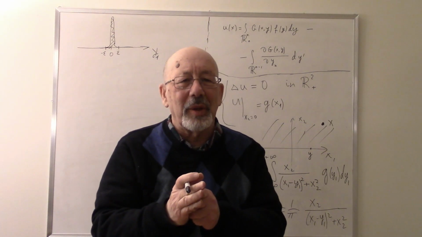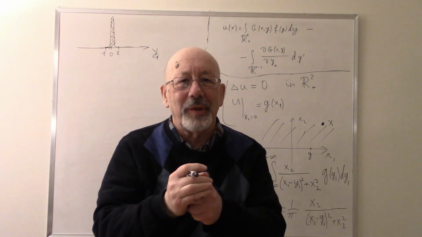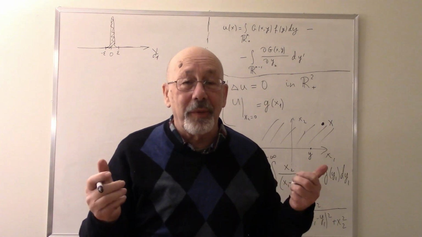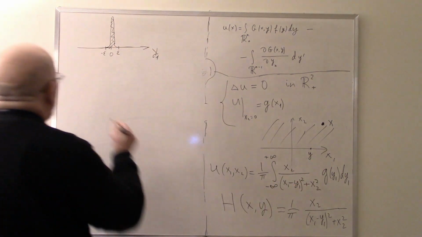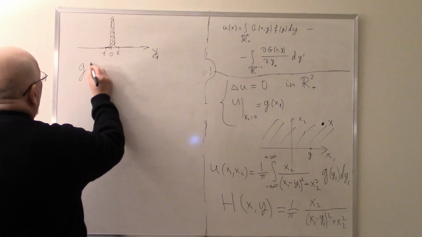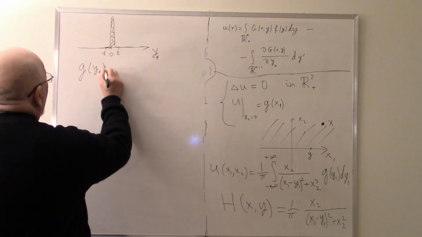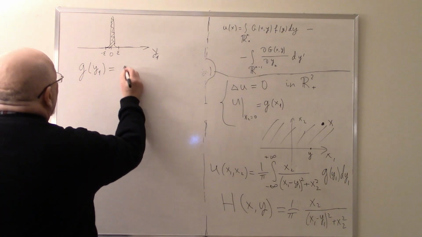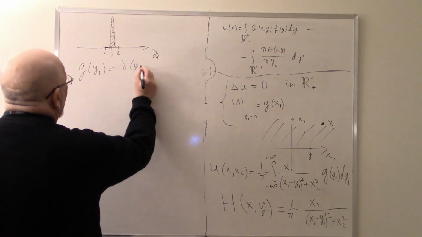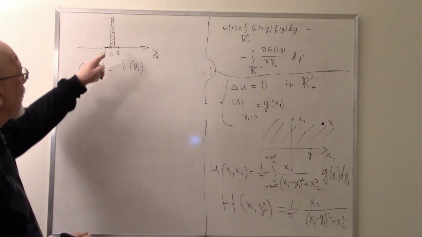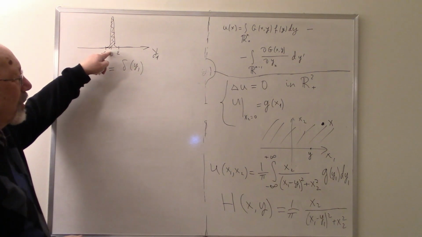Then in the limit when epsilon becomes 0, we have the delta function. So suppose g of y1 equals delta of y1, the delta function which is unit mass at 0.